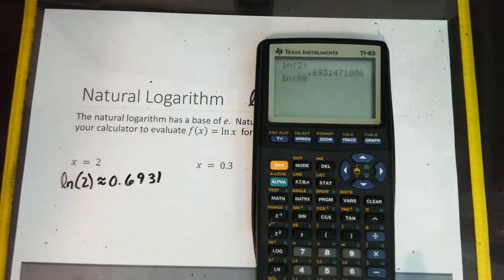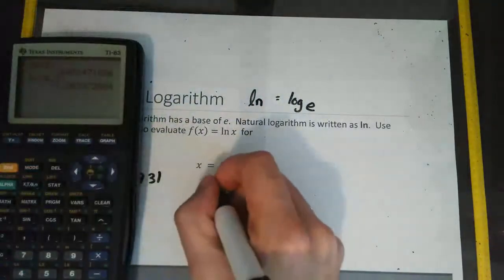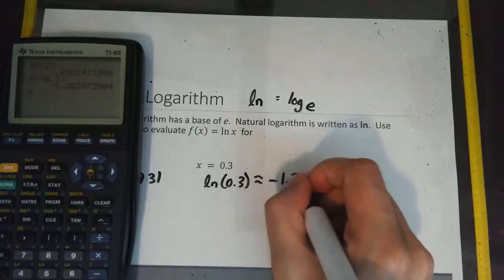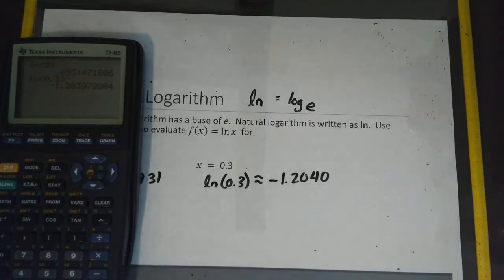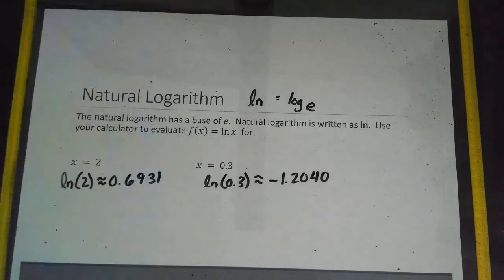And the natural log of 0.3 is about equal to negative 1.2040. So natural log is going to be ln, common log is going to be log. Natural log has a base of e, common log has a base of 10. Those are going to be some key components that we have.